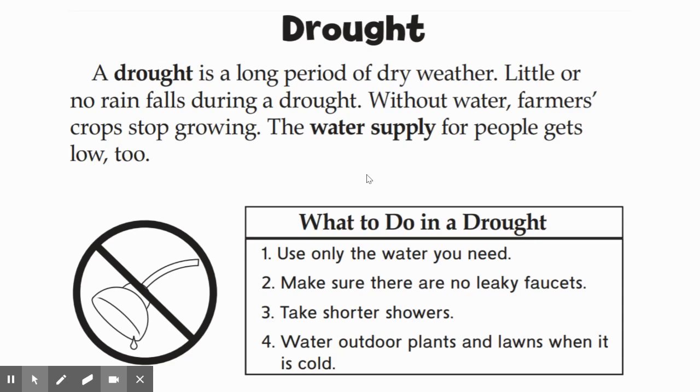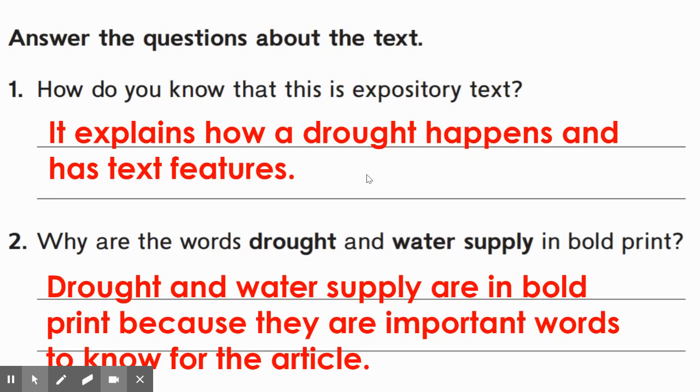The water supply is also bolded. That is important because it's important to know that during a drought, some people do not have access to a lot of water. They have a low water supply. So if the question is, why are the words drought and water supply in bold print?